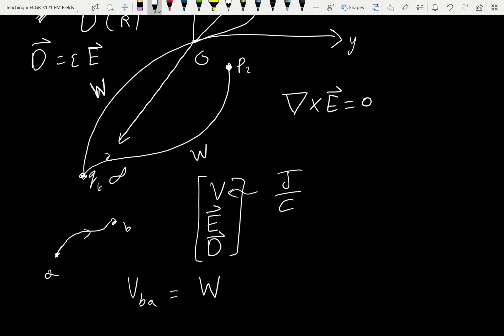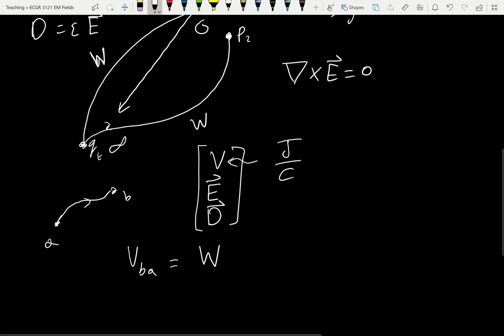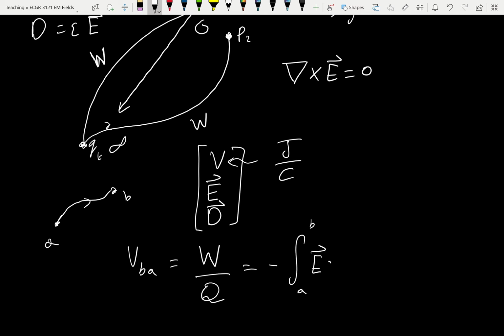So this is the work we need to do to move the test charge, any charge really, divided by the amount of that charge. That equals minus the integral from A to B of E dot dl.